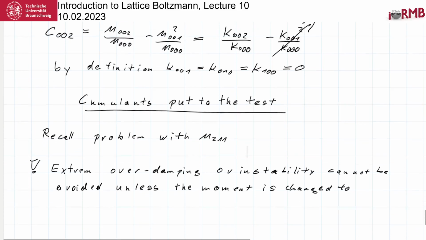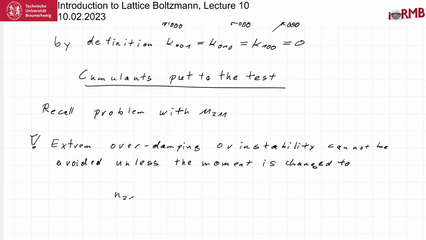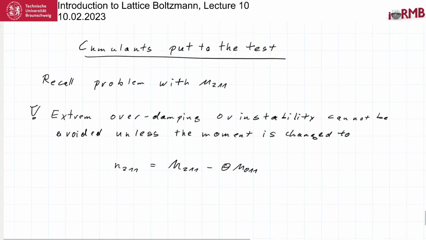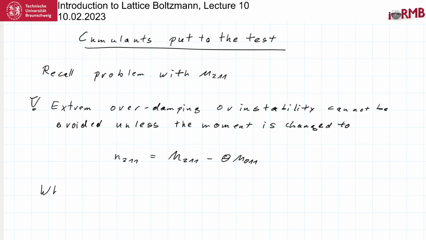N211 is equal to M211 minus theta M011. Now let's see what happens if instead of relaxing this guy, we relax the cumulant C211. Yeah, because this should be the one that corresponds to this.